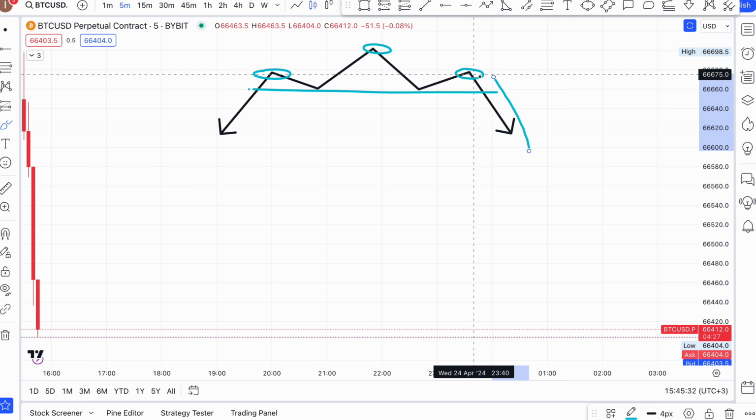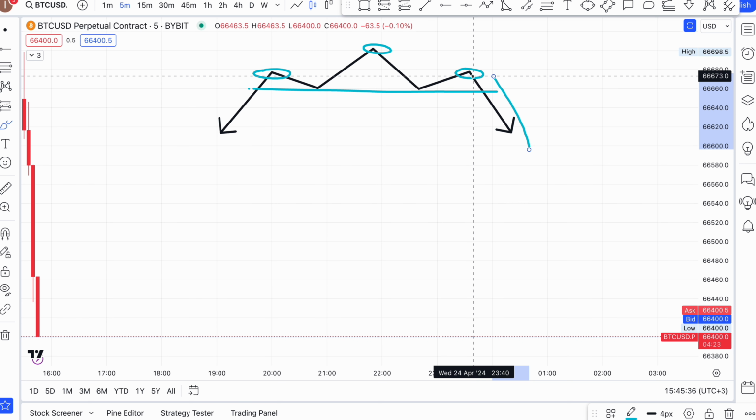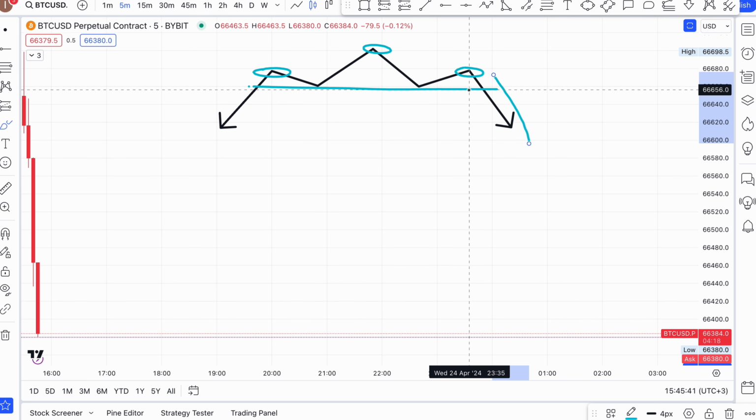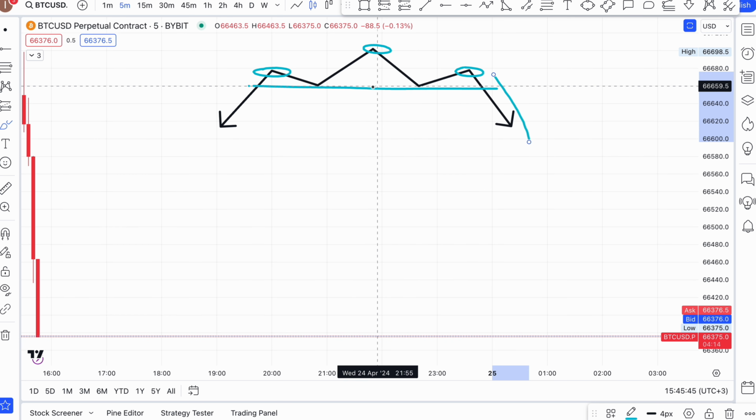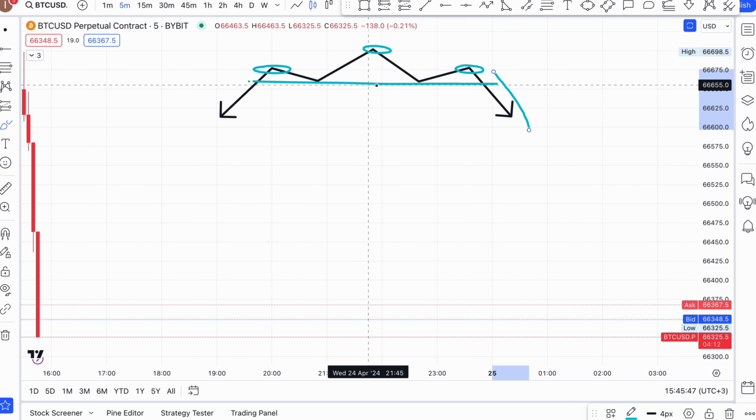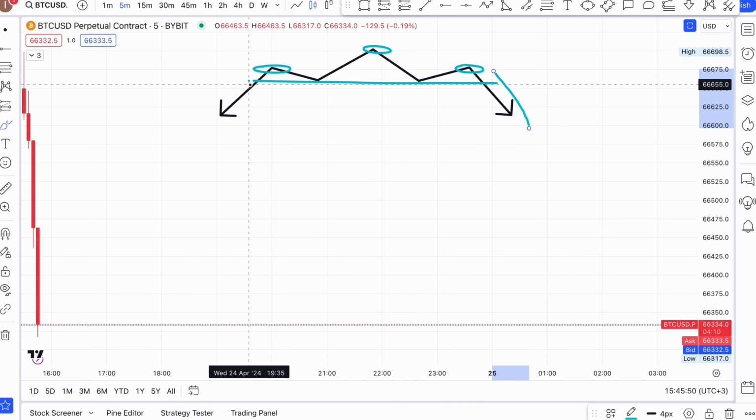Some traders can take entry right from here, but most of the time I advise people to take entry from the break of this neckline. Here is the neckline.